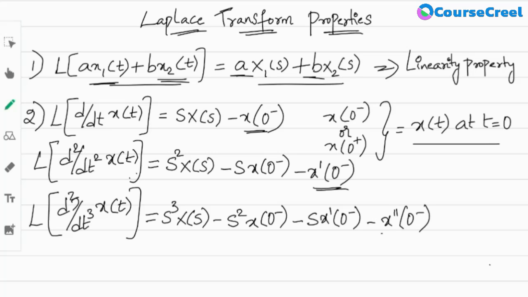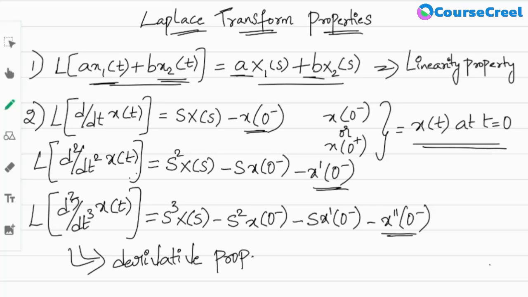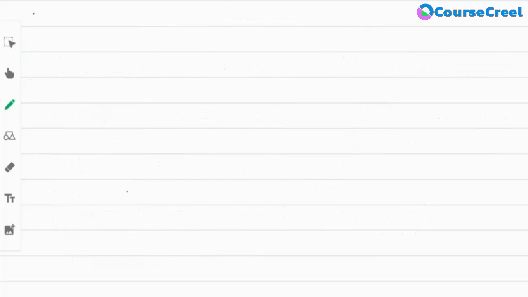X double dash of 0 minus is nothing but the second order derivative of x of t at t equals 0. So this is the derivative or differentiation property of Laplace transform. Just remember that Laplace transform of d by dt of x of t is equal to s into x of s.